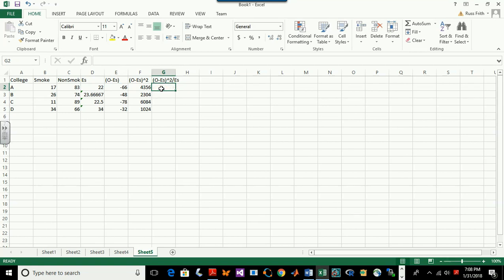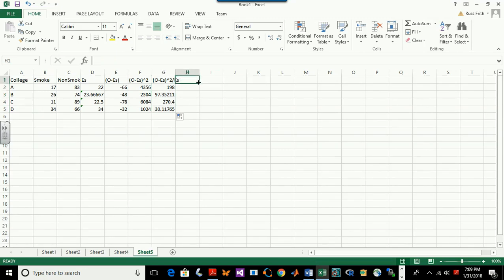So this would equal that number divided by that number. Okay, so we have 198. That would be for smoking, and then we do the same for non-smoking.